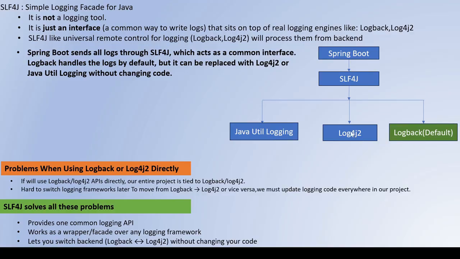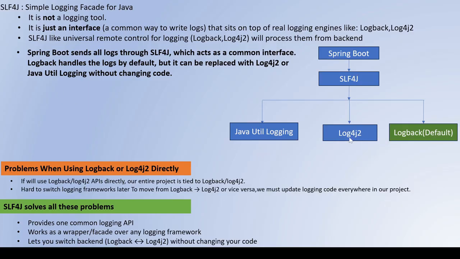If we use SLF4J, our application will send the logs to SLF4J. SLF4J will see whether we configured log4j2, logback or Java util logging, and based on that, it will write the logs. This is the benefit of using SLF4J.